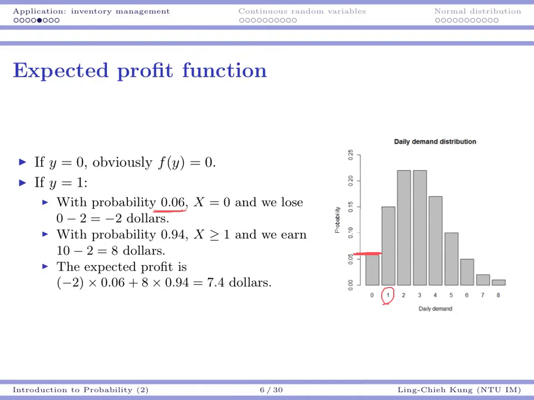However, as long as I am not so unlucky, as long as I have 1 customer, I can get $8 as my earning. That's the sales revenue minus the cost. And I know the probability for that to happen is 94%. How do I know that? So obviously there are two ways.